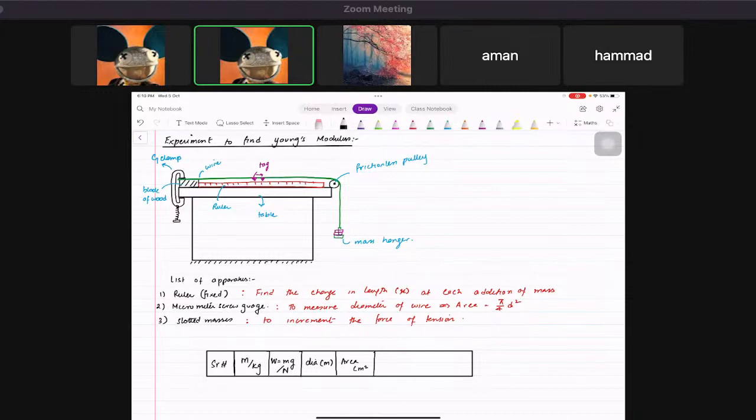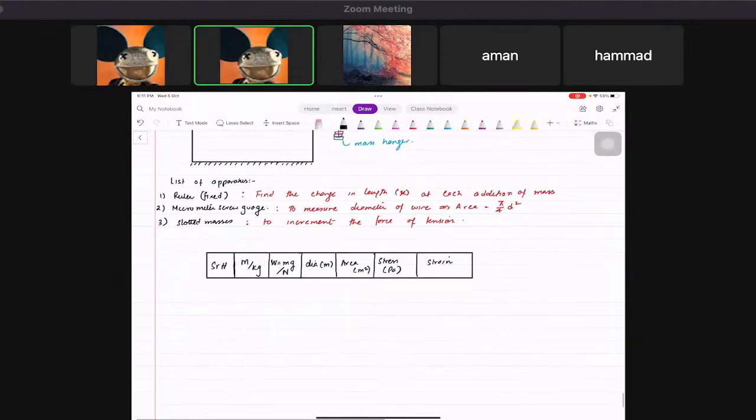Then you need stress in pascals, and you need strain. Strain can be found by change in length over original length, and stress can be found by weight divided by area.